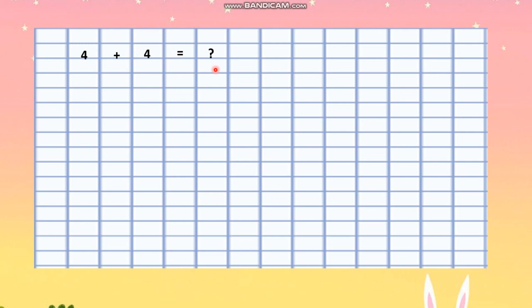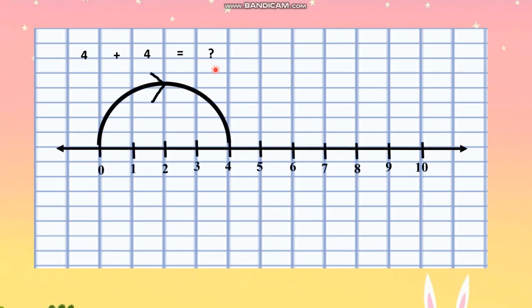So first I will draw a number line. I have already explained to you how you will draw a number line in your maths notebook, and everyone is drawing it perfectly. Absolutely good. So this is your number line.